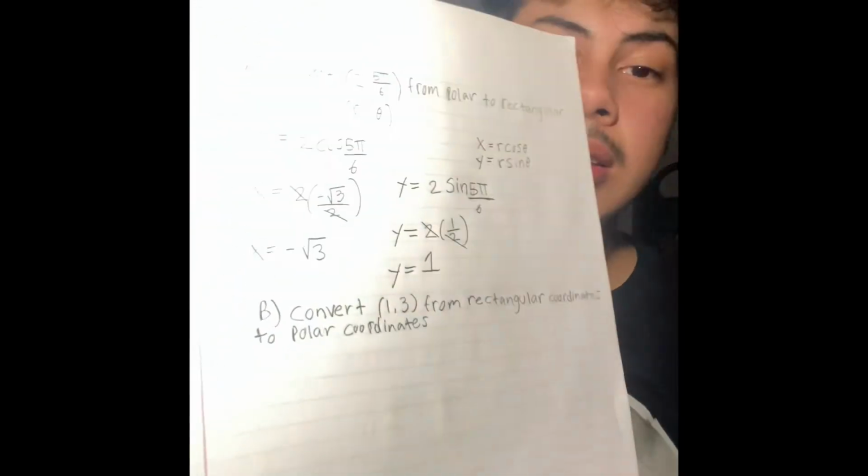Since you're multiplying by 2 and dividing by 2, the 2's cancel out, so you're just left with y is equal to 1. So that's what you're left with, and now we just put it in as coordinates. So we have negative root 3, comma 1. And those are our rectangular coordinates for part A. And I will now be doing part B.